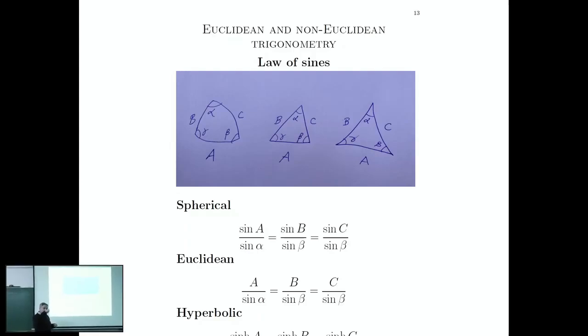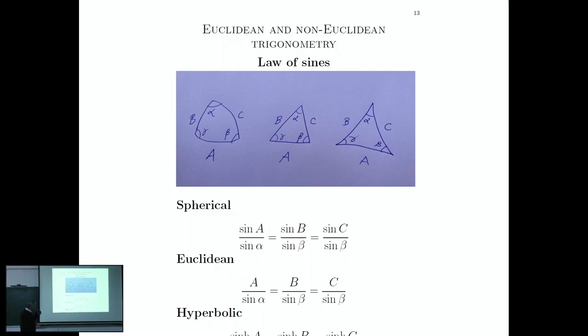When we draw it with straight lines, it means it's Euclidean. And then the hyperbolic triangles are always represented like this because the angle sum is less than pi. So the angles are narrower than the Euclidean angles.